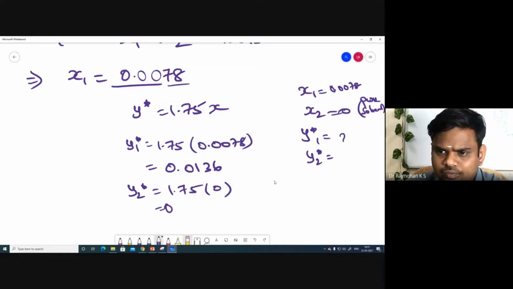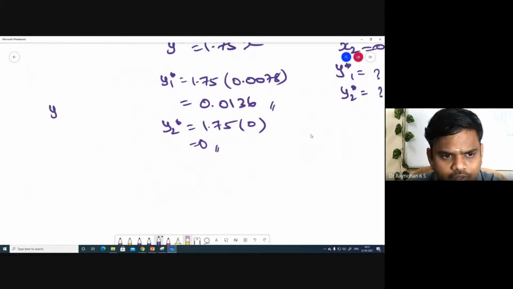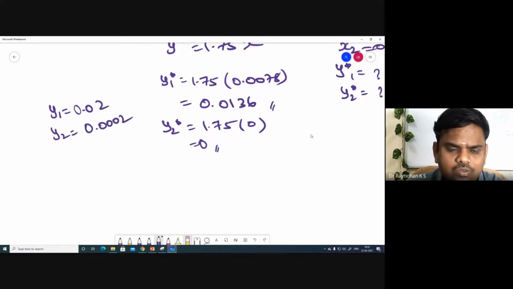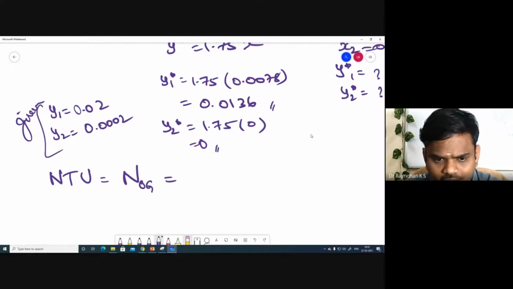So we got the values of y1 star and y2 star, and we have the values of y1 and y2. y1 is 0.02 and y2 is 0.002. These are given data, and the rest is calculated. So can we find out the NTU value? What is the NTU value? Overall with respect to gas: O refers to overall, G for the gas phase.